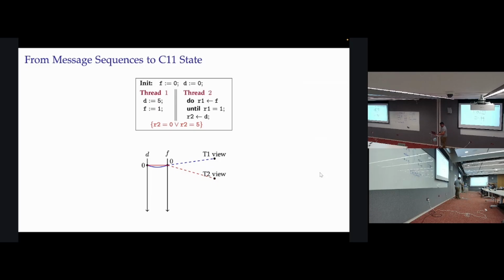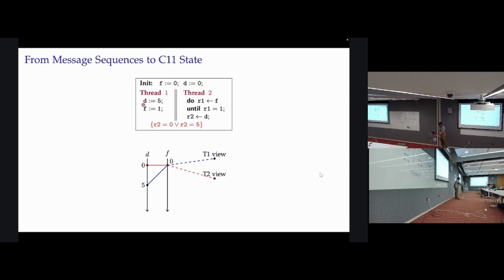And then what can the threads see? Well, initially, they can only see the initial state. So this is thread 1 and thread 2, and they're seeing this state here. They both see 0, 0 for D and F. Makes sense. So now let's execute the left thread.